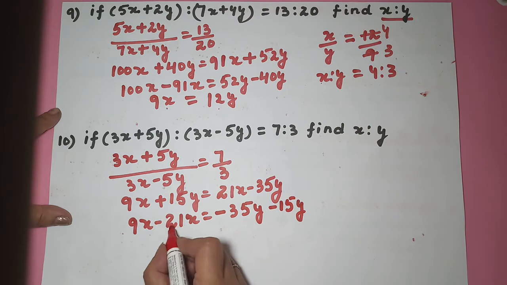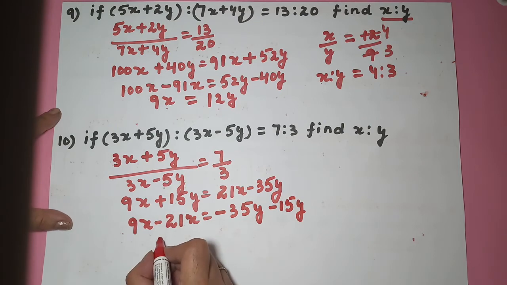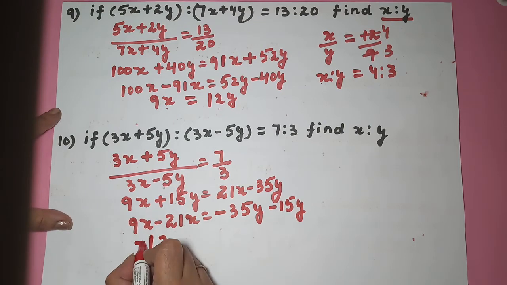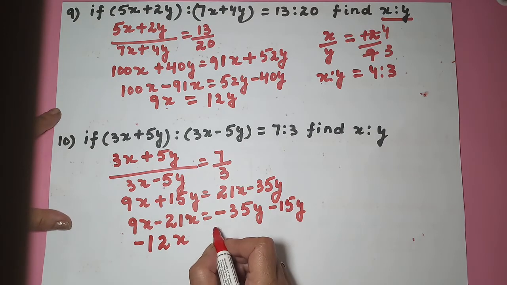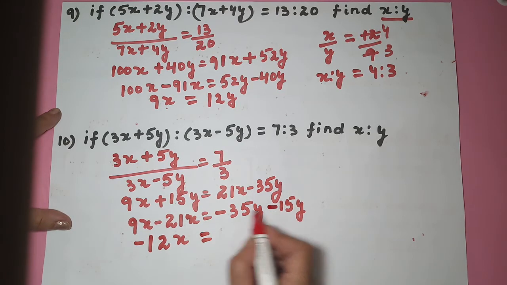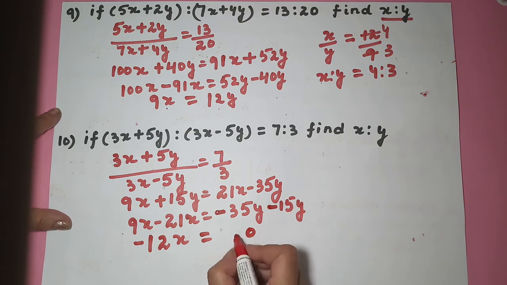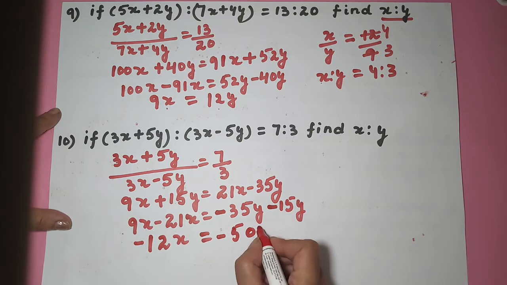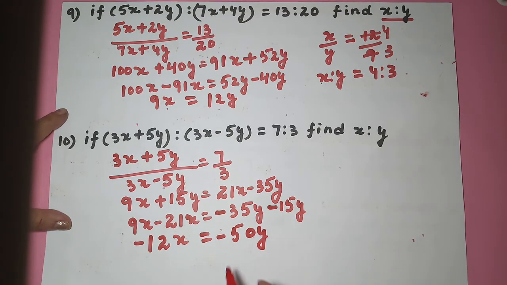So 9 minus 21 is minus 12x, right, is equal to 35, and both are minus, so we have to add this. So 5 and 5 is 10, 3 and 1 is 4 and 1 is 5, so minus 50y. So minus sign and minus sign will go.